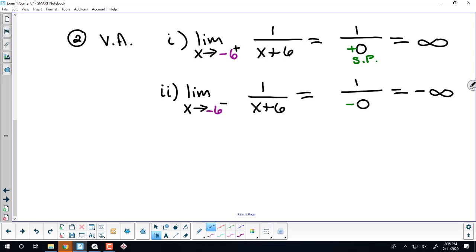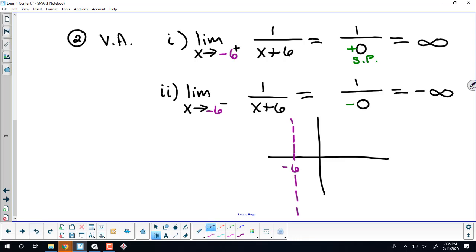So that's really what we mean by show the behavior near the asymptote by using limits. We're computing those infinite limits. And again, if we're visualizing what's happening, now we have a clear picture here at -6. Here's our vertical asymptote.